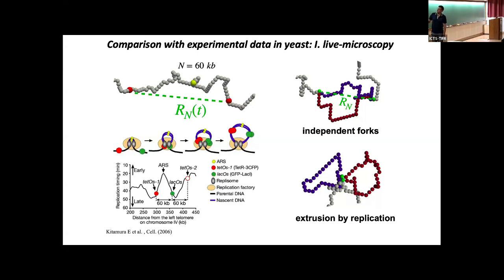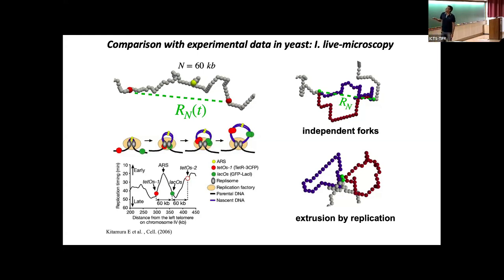They color two loci, and the particularity is that they are symmetrically positioned around an origin of replication, a strong origin of replication. So basically these two dots will be replicated at the same time, on average. As the replication is progressing, these two dots will be replicating at the same time.